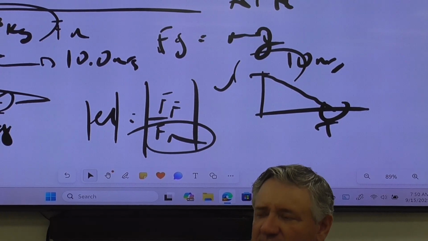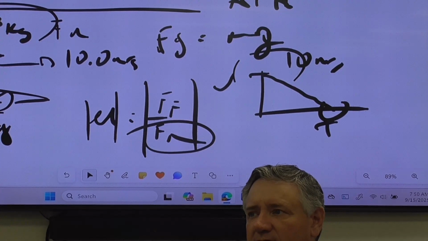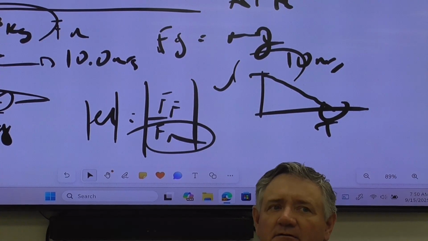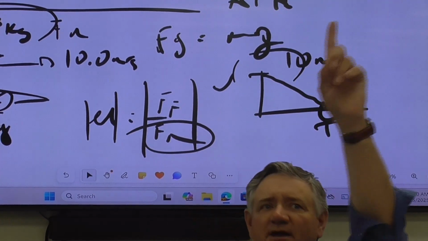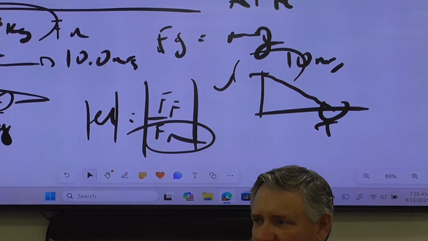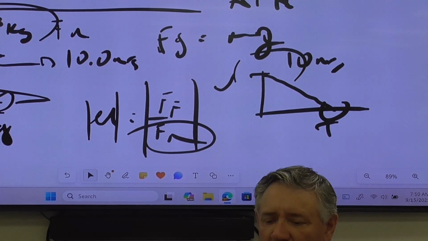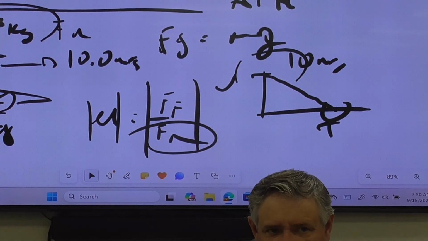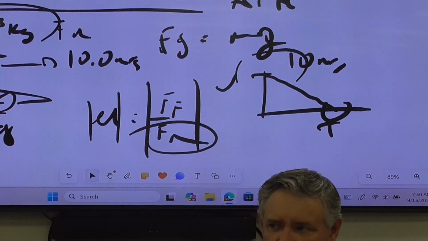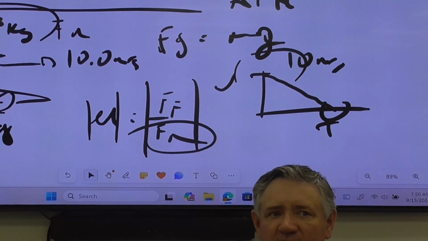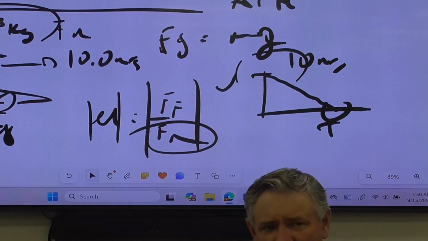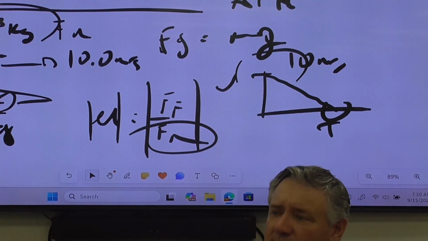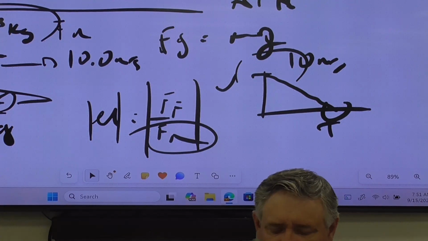What sign do you think the acceleration is going to have? Negative, because you're slowing down, right? Well, the only way you can have a negative acceleration is if you have a negative force. So you can find your force friction. It's a positive number. And then decide, hey, do I keep it positive, or do I change it into a negative, depending upon the context of the problem?